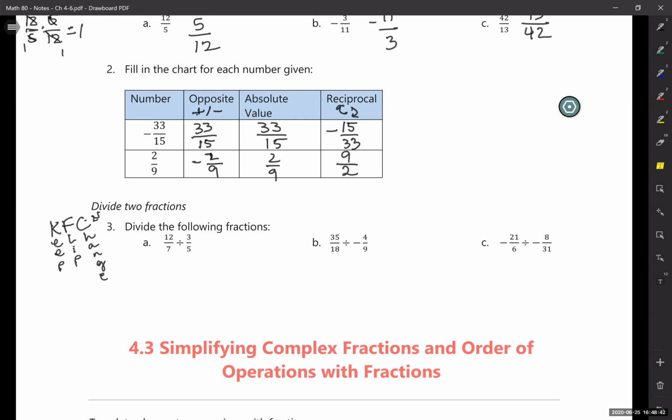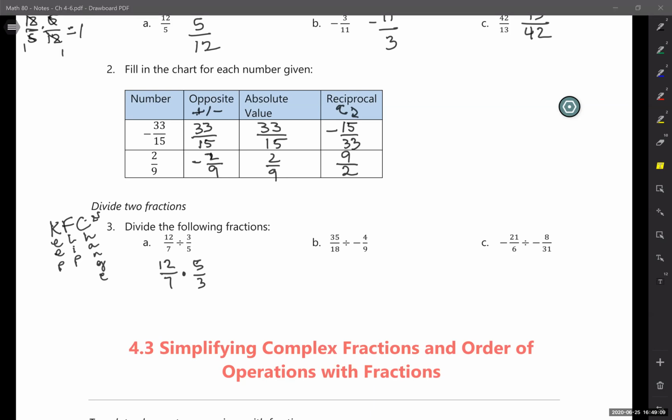And since the F comes second, we're going to flip the second one. And really what's happening is, to divide, we don't have any rules for dividing fractions. So what we're going to do is multiply by the reciprocal. And so we can do that by taking 12 over 7, flipping and getting 5 over 3, and then changing it to multiplication.